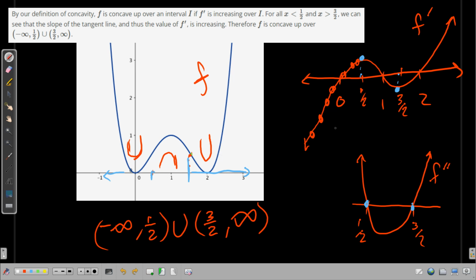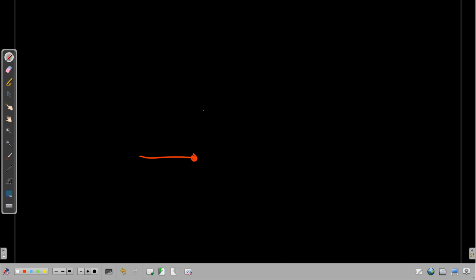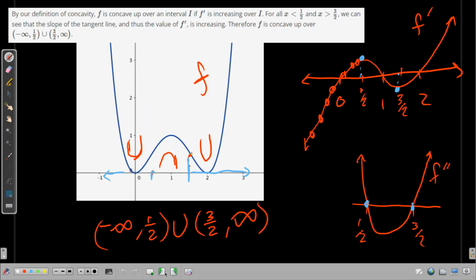But the second derivative being positive literally means that the first derivative is an increasing function on that interval, but I claim there is a distinction between being an increasing function and the function value increasing. Because you can have functions like this, where the function value has increased, but it is not an increasing function.